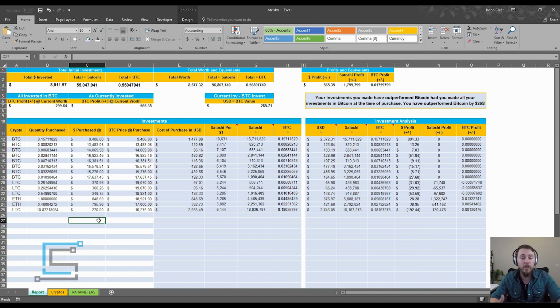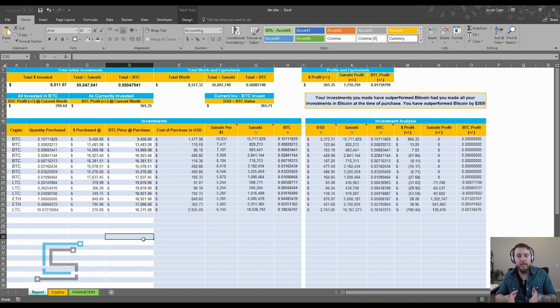Now, for those of you that do not know what Satoshi is, it is 1/100th million of a Bitcoin. So that's basically 8 decimals. Right now, when you're investing in other cryptocurrencies, along with Bitcoin, you do not have a good measure to balance that out against.